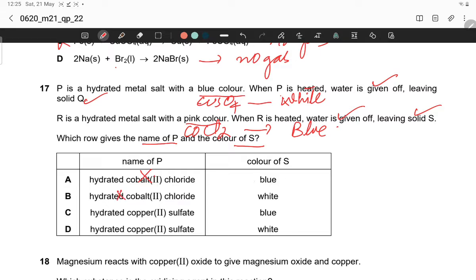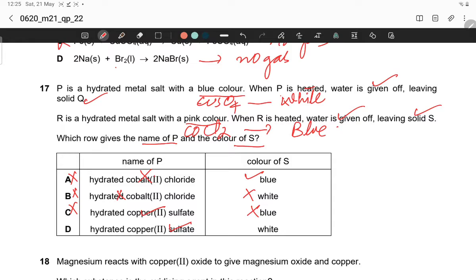So the color of S is blue. This is correct. Cobalt chloride color, this is incorrect. So hydrated copper 2 sulfate is correct. Color is blue is incorrect for Q, hydrated copper 2 sulfate is correct, and white. When P is heated, water is given off. Color of S, so color of S is blue.